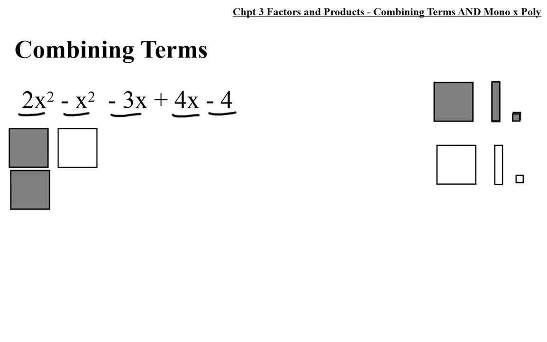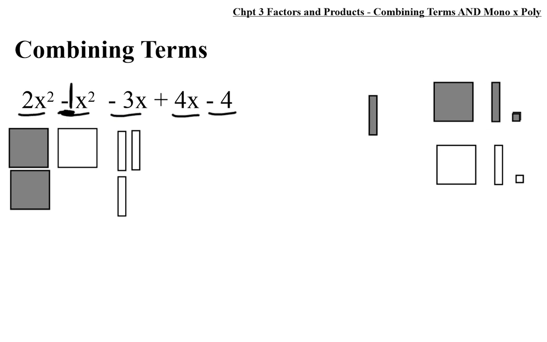Because it's white, we know that the white tiles are negative tiles. Remember, an x squared by itself is like saying I have 1 of them. So if you want to put that coefficient of 1 in, go for it. We then have -3 x's. Well, 3 x's that are negative, there we go. -3 x tiles.